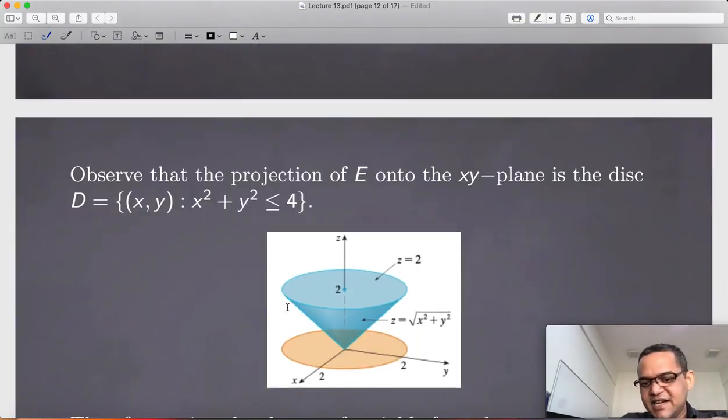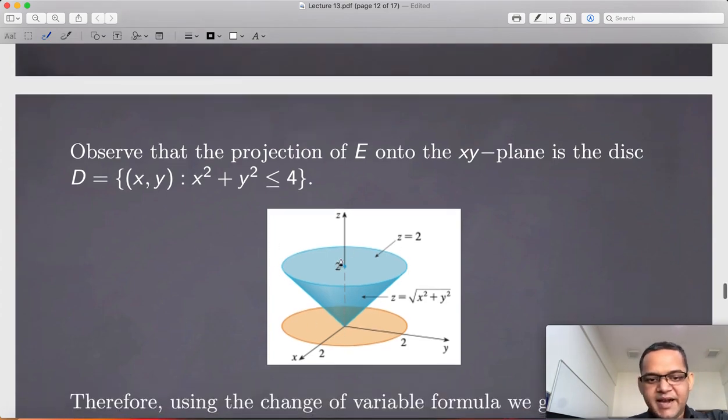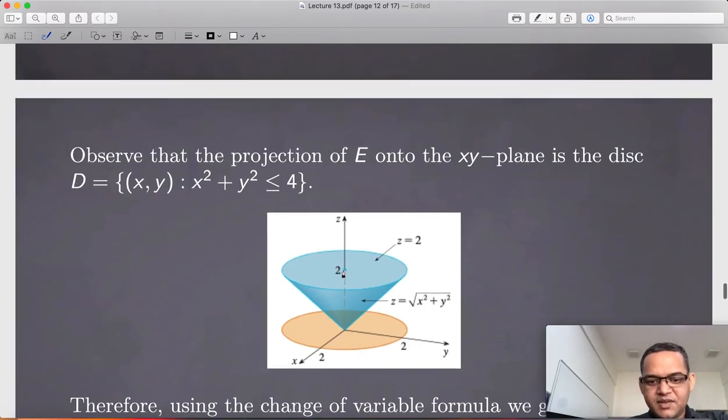There is a z equal to 2 plane, and then z equal to square root of x square plus y square. So this is precisely going to look like a cone type of shape, and the domain in the xy plane is the projection, and then z is varying from this to this. So this is precisely a triple integral which lies between two surfaces. One surface is this, the other surface is this, and the domain in the xy plane is a disk.